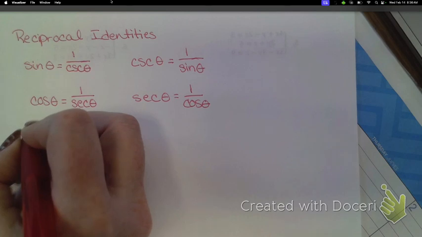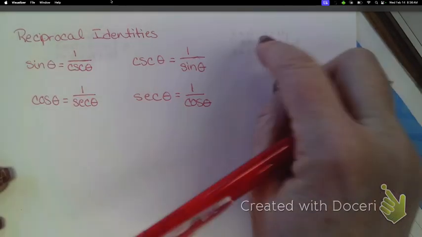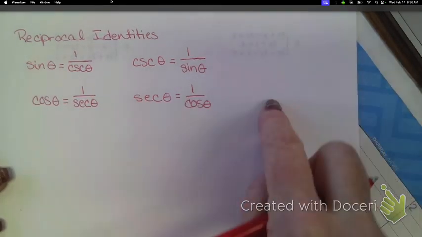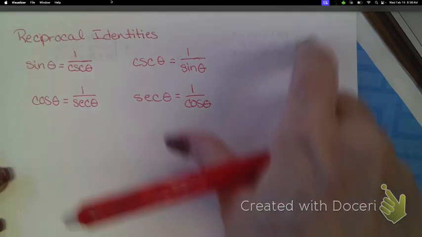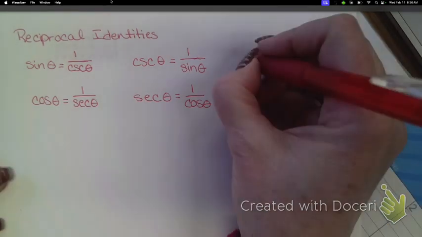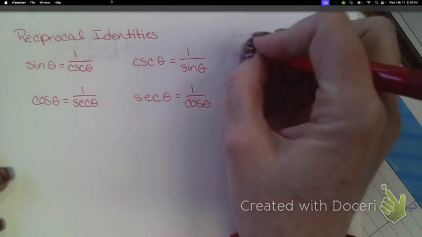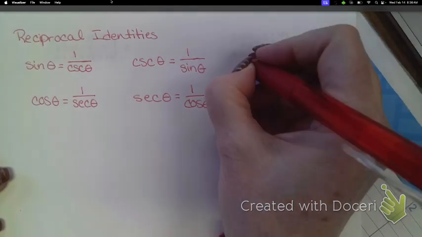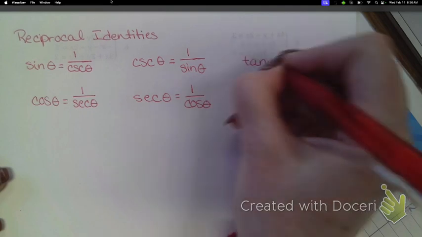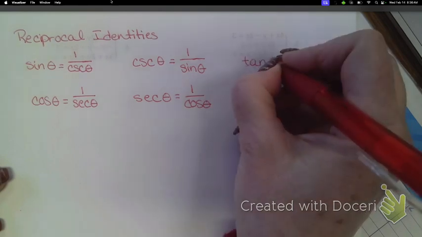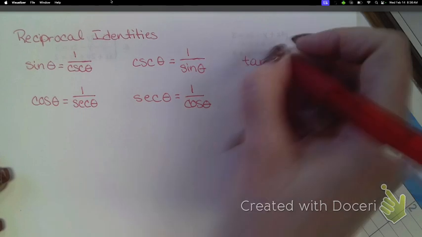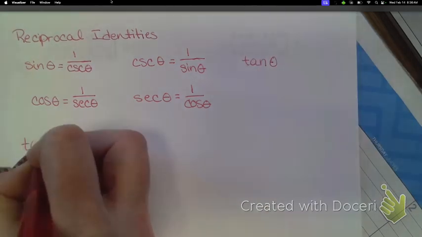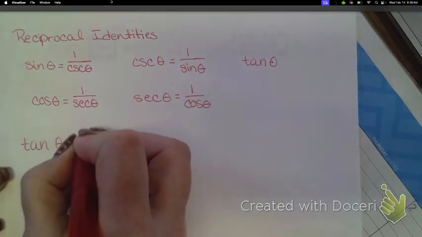I was hoping to get these all on one screen, so I'll put the tangent and cotangent over here. Tangent of theta is 1 over cotangent of theta.